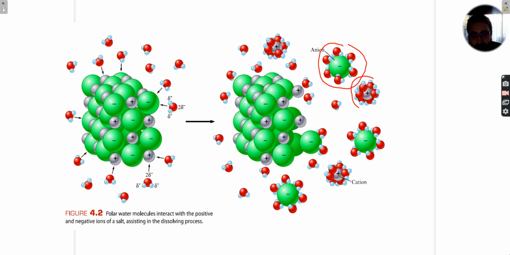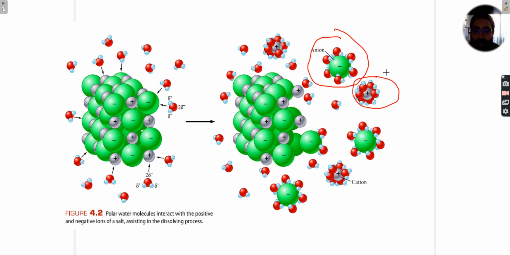And you can look at the difference right here, where the oxygens are pointed to the positive, and on the other side over here, the hydrogens are pointed to the negative. So these two things right here are called hydrates. A hydrate is when an ionic compound is now surrounded by water.